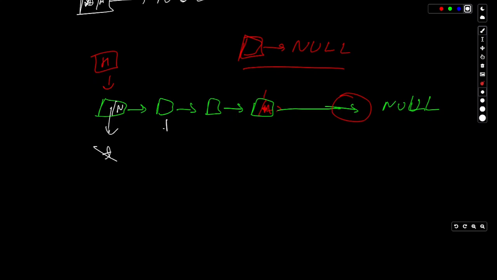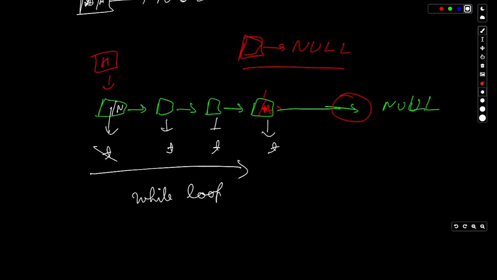So if it is not null, we will move our temp towards the next node, and similarly, as long as we don't have the next node as null, we will move our temp over here. The while loop's termination condition is that a particular node's next is null.